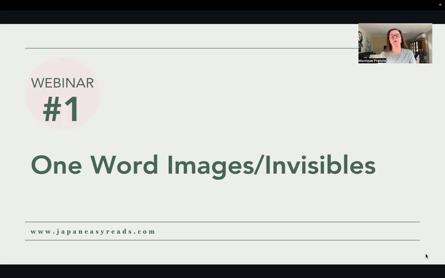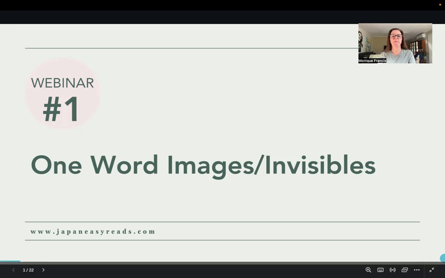What I love about one-word images is that it can be used at all levels. It could be done from primary. I have done this with year 4s, but I would have no problem trialing this with even younger students, just keeping the language really simplified.